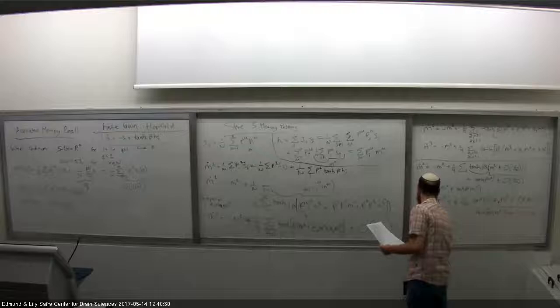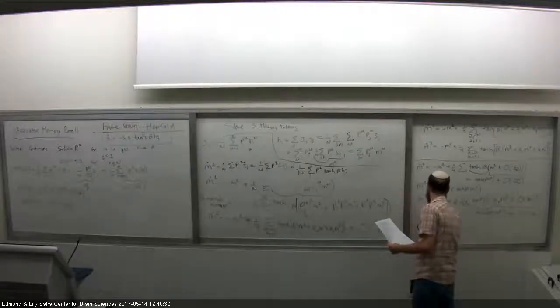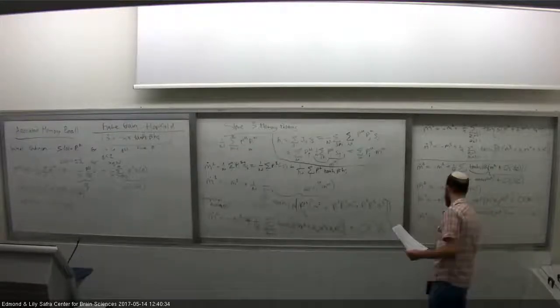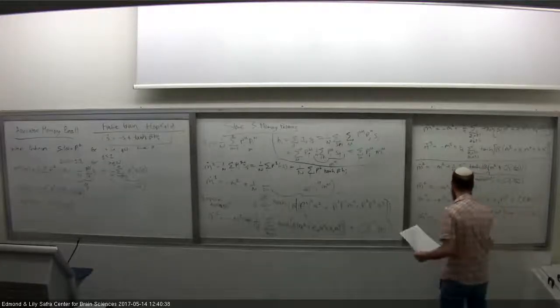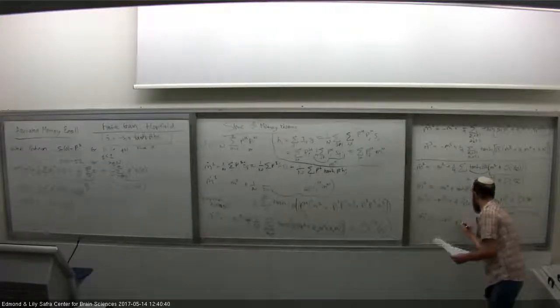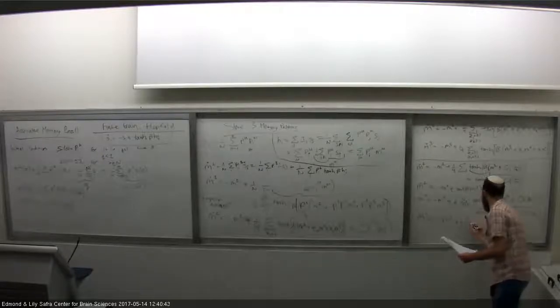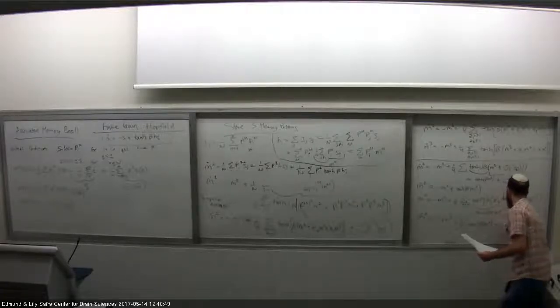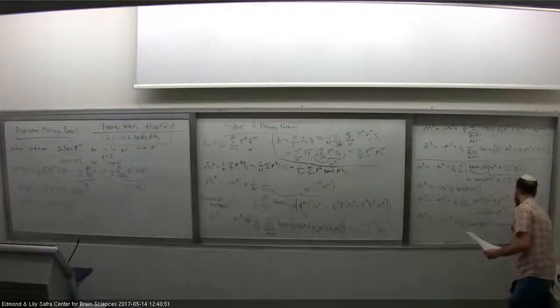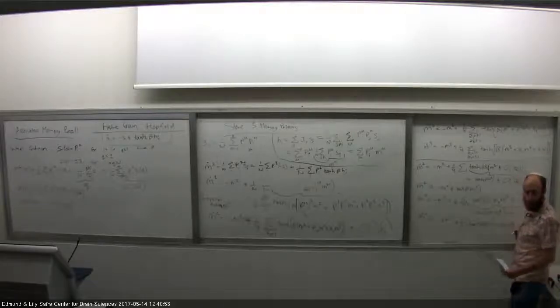So just to write it out for concreteness, we have m2 dot is approximately equal to minus m2 plus 1/2 tangent hyperbolic beta m1 plus tangent hyperbolic beta minus m1.